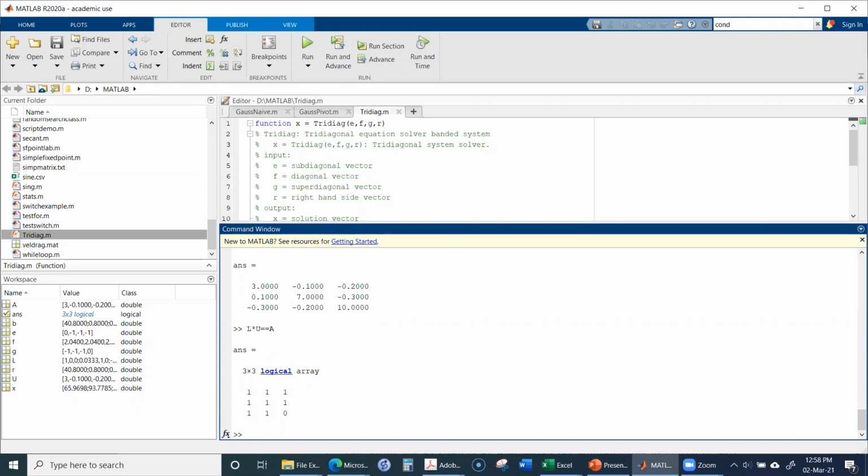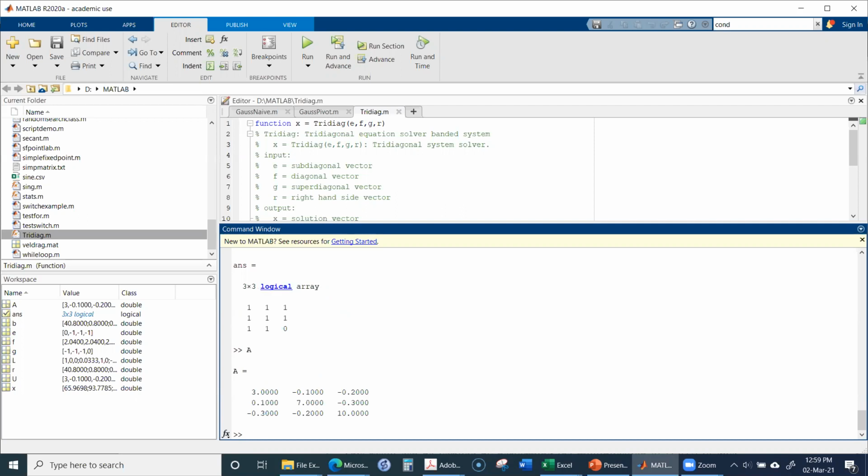So this is how we can LU decompose the matrices. Again, matrix A was this.